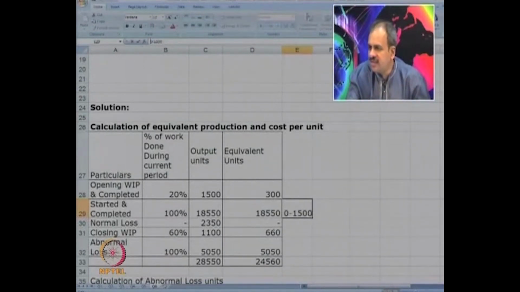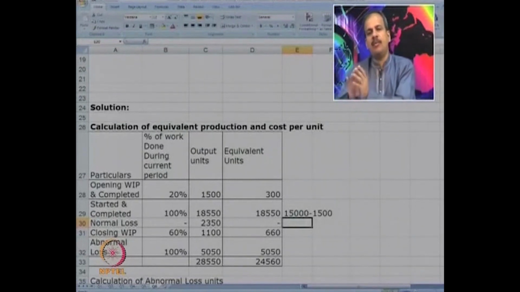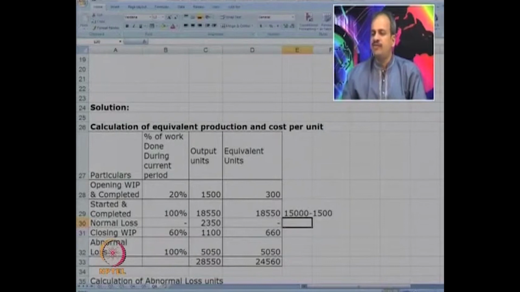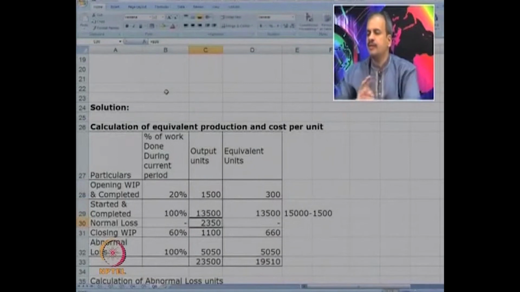I hope everyone is getting it right. Is it correct? Because 15,000 units have come out, of that 1500 units are these units. So units which are completed and transferred should be 13,500, right?